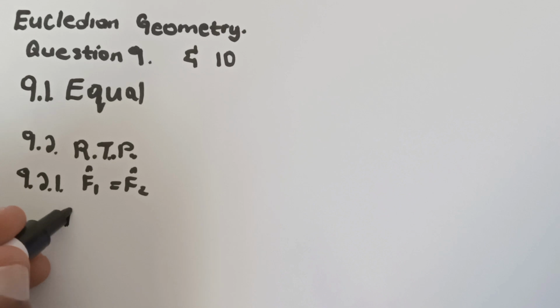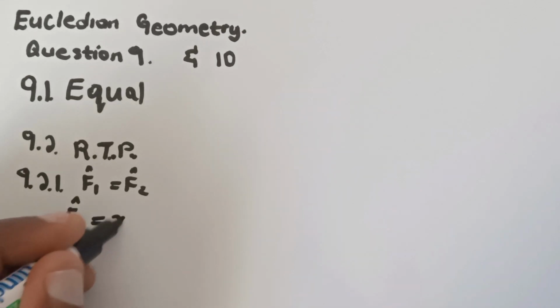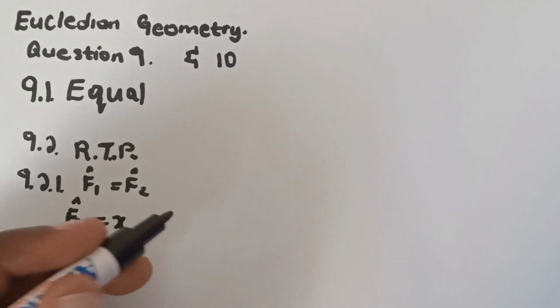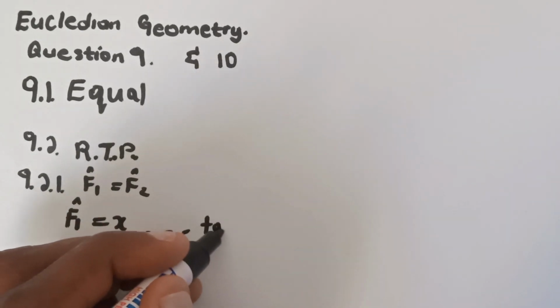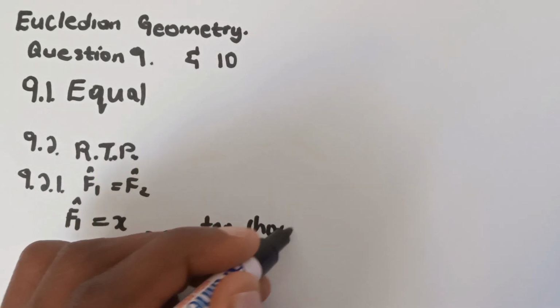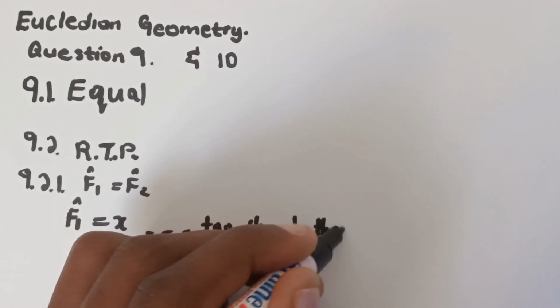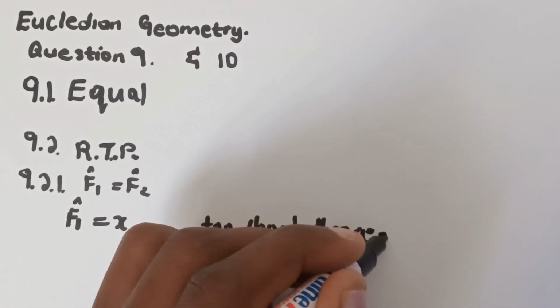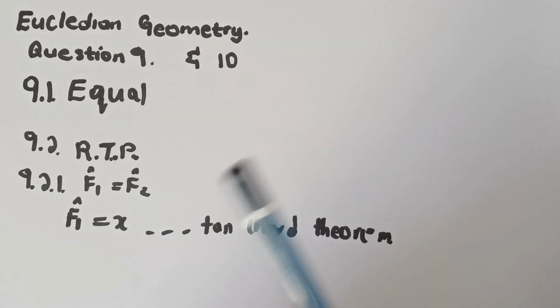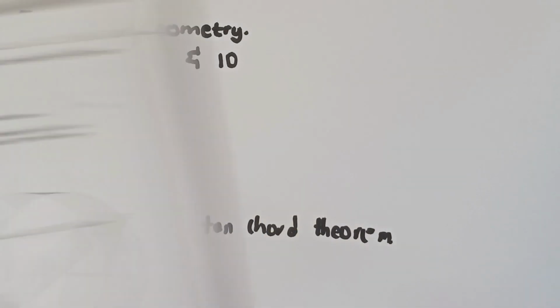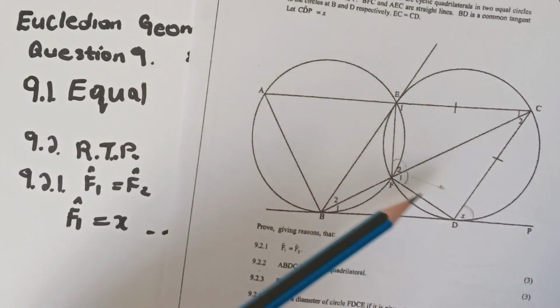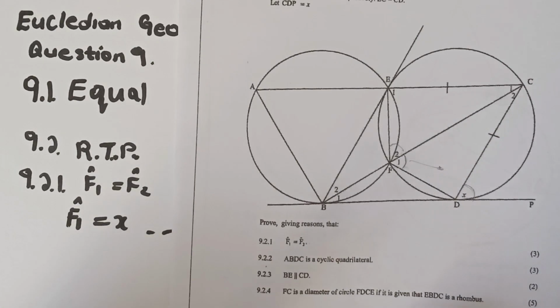So let's firstly say angle F1 is equal to X, tan chord theorem. We found that angle F1 is equal to X because of the tan chord theorem.